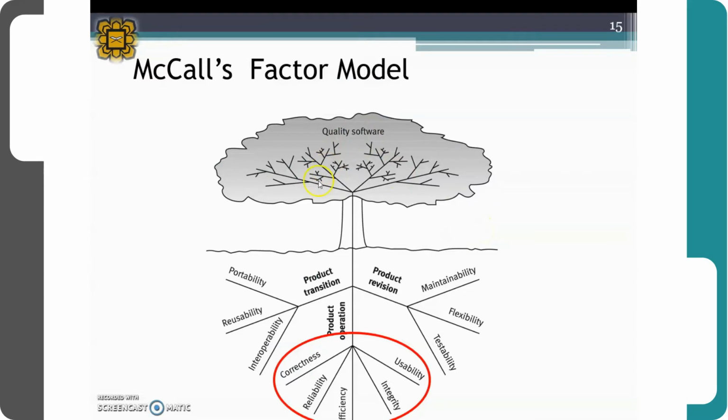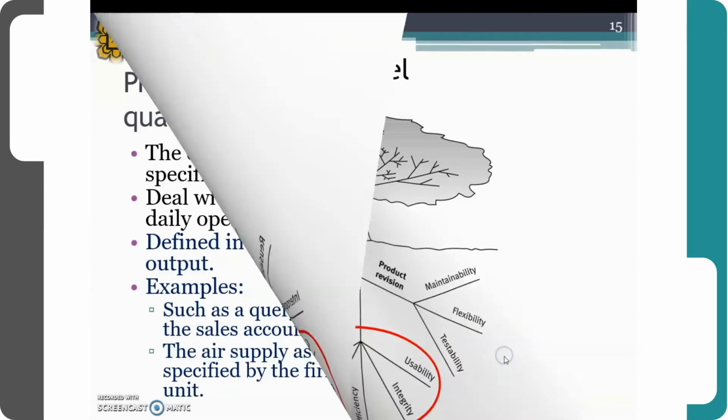Okay, this is a figure to show all the McCall's quality factors, based on product operation, product transition, and product revision. First, we're going to look at product operation.